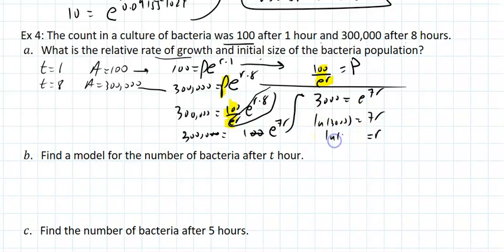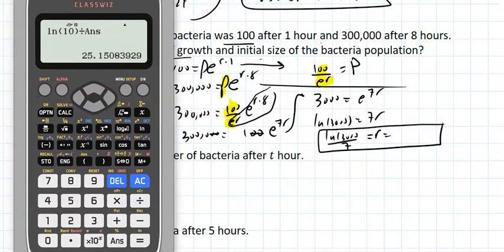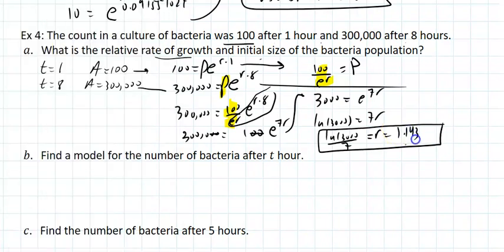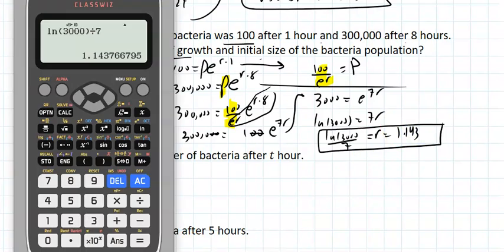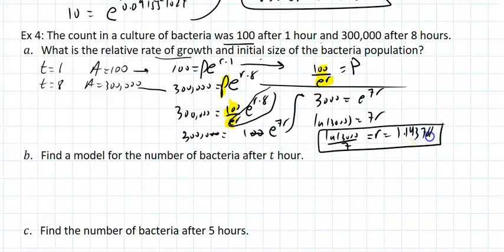So R is natural log of 3,000 divided by 7, which is 1.1437668. Okay, now what? If I take R and plug it in there, shouldn't I get P?